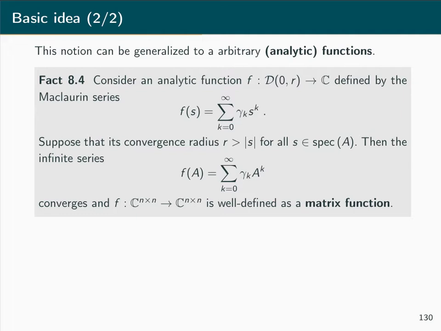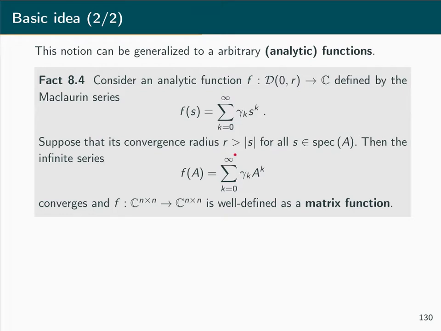So just to clarify, on the previous slide we have defined a finite matrix polynomial which maps any square matrix A to another square matrix P of A. In fact 8.4, we're now considering infinite polynomials of matrices, which obviously still map from an n by n matrix to an n by n matrix, but where we now need to be concerned about the convergence.